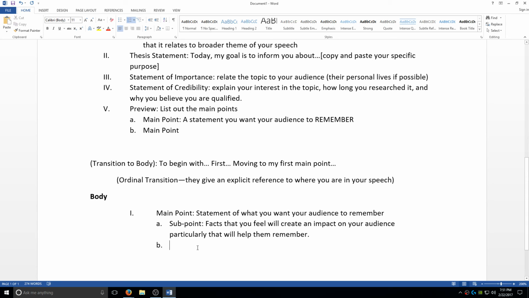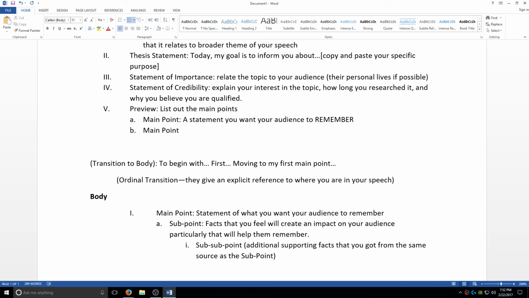Okay. Now here in your outline, it has like 2 subpoints, and then it goes on to sub-subpoints. So I'm going to just do one subpoint and then a sub-subpoint. So you can tell here that sub-subpoints are additional supporting facts that you got from the same source as the subpoint. Okay.